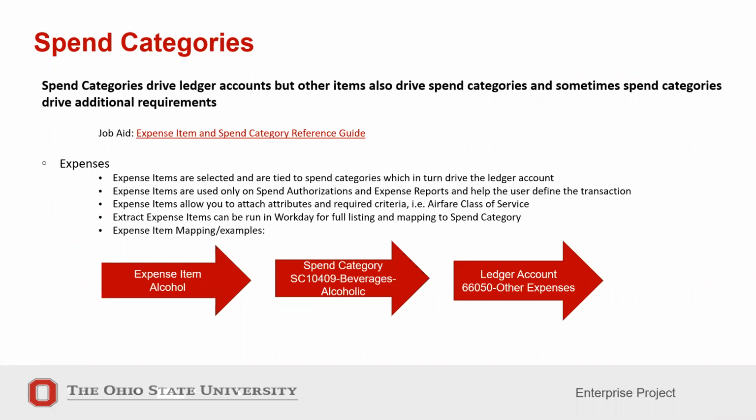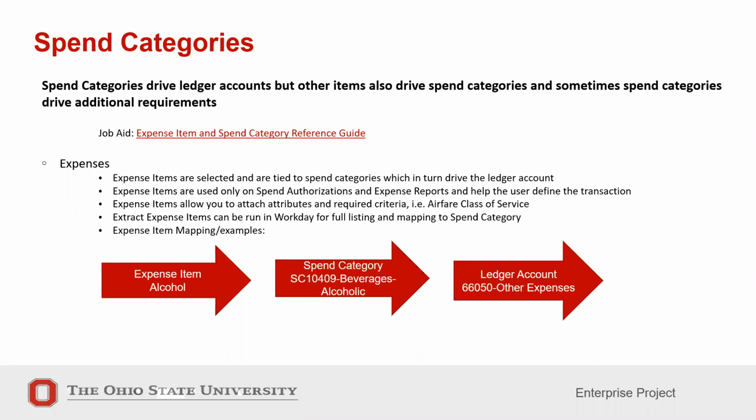So next, we're going to look at spend categories. We know spend categories drive ledger accounts, but there are also things that drive spend categories. One of those examples is our expenses side. So expense items are tied to spend categories, and spend categories are tied to ledger accounts. Expense items are what we use on spend authorizations and expense reports.